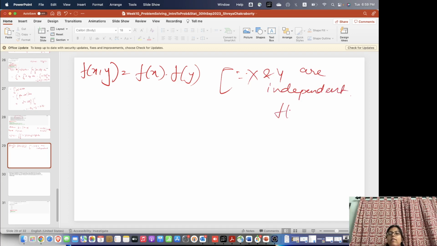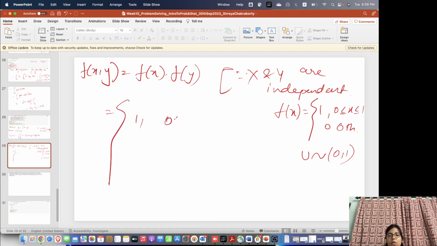Now fx is equal to 1 if 0 less than or equal to x less than or equal to 1, 0 otherwise, because it follows uniform 0 1. So fxy is also 1 when 0 less than or equal to x less than or equal to 1 and 0 less than or equal to y less than or equal to 1, and 0 otherwise.